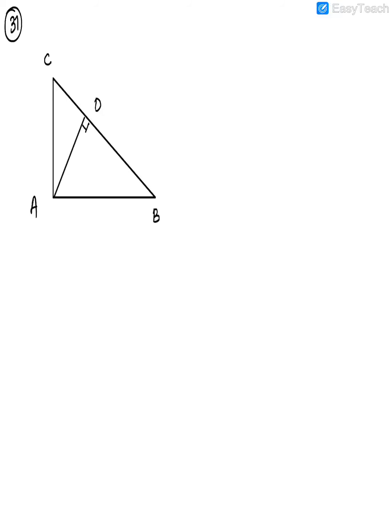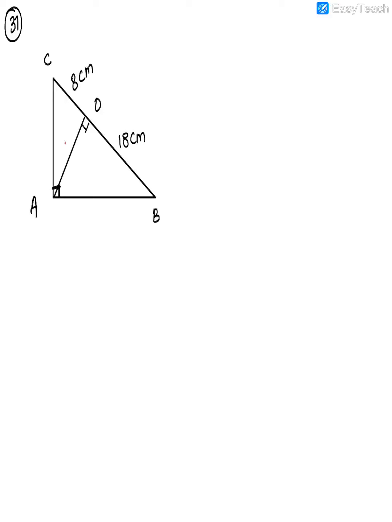Also, see what they have asked us to find. The first thing they are asking us is to prove triangle ADB is similar to triangle CDA. This is really tough. You have to prove that they are similar.